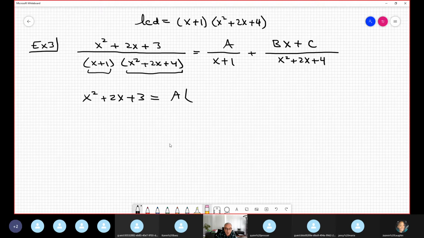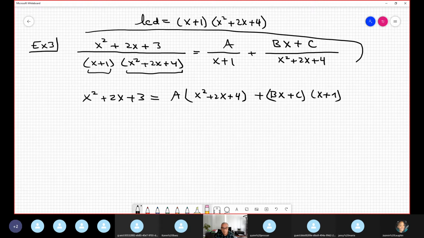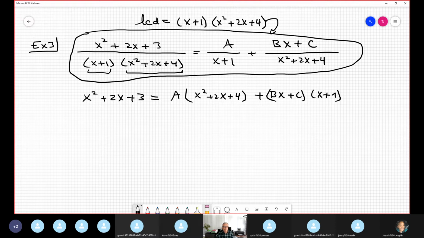Then we have A times x squared plus 2x plus 4, plus Bx plus C multiplied by x plus 1. This is my expression without denominator, after multiplying the entire expression by the LCD, everything, one by one, by the least common denominator.